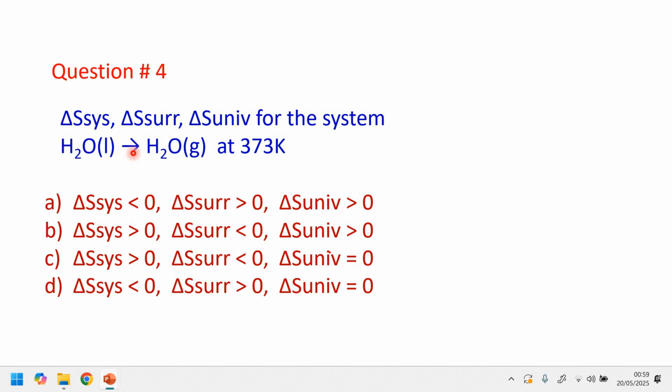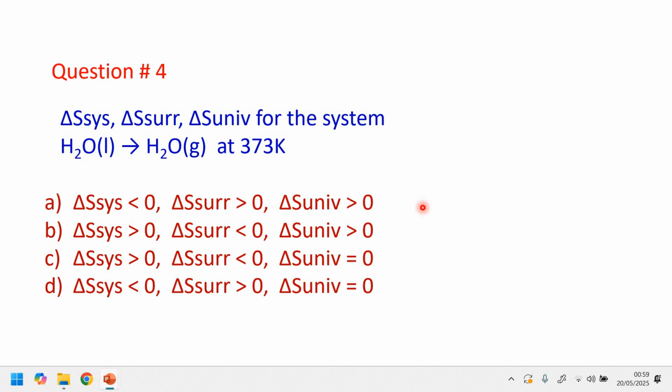System plus surrounding. Here, liquid to gas, that means system will absorb heat. So entropy change of the system must be greater than 0. Okay. Then obviously entropy change of the surrounding will be less than 0. That means it is greater than 0, less than 0, value will be same. So that overall entropy change of the universe will be 0.